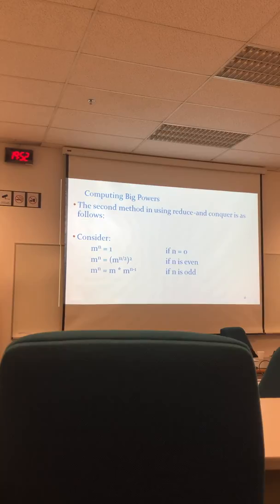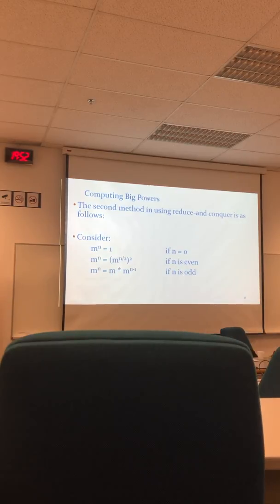Okay, if n is even, that's it. In other words, to compute 3 to the power 100, we can compute 3 to the power 50, then take a square, right? So that's if it's even.